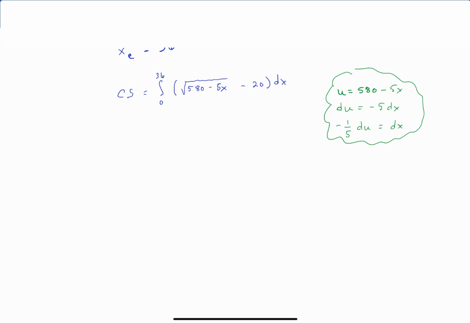And by the way, I'm thinking of this as two definite integrals. In other words, I'm splitting them up across that minus sign. And I need to be aware of that because that u does not apply to the integration of the constant 20.